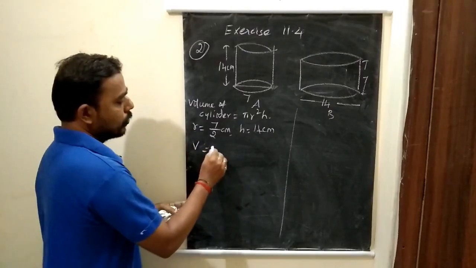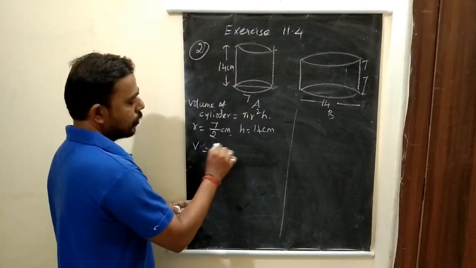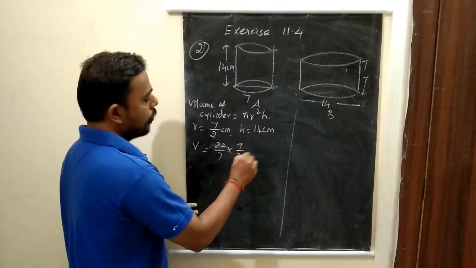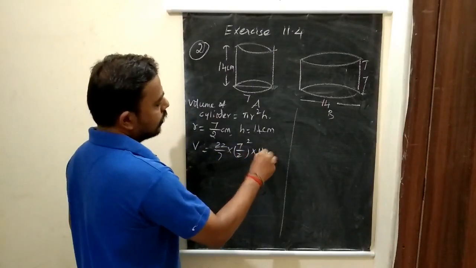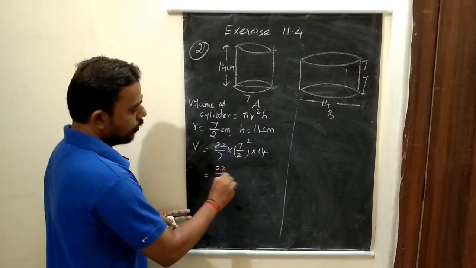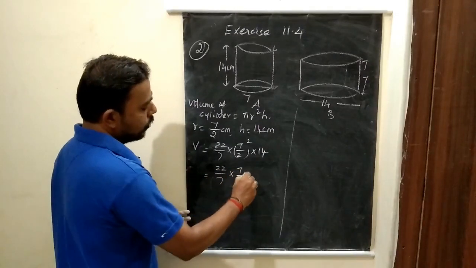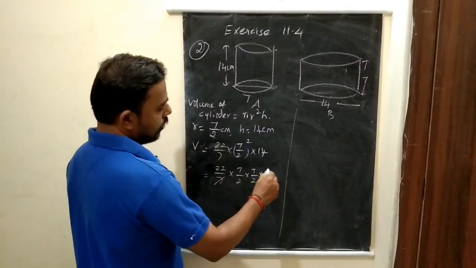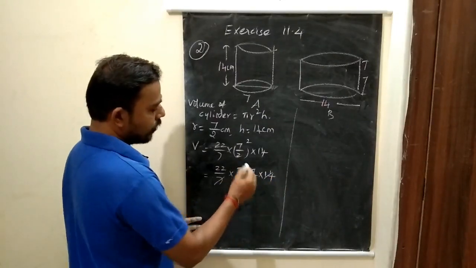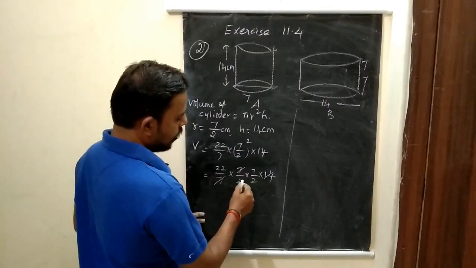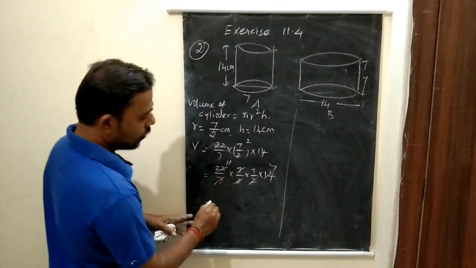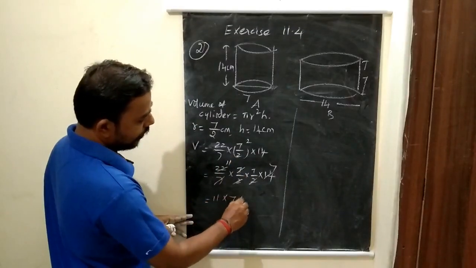So volume equals 22 divided by 7 into 7 by 2 the whole square into 14. So 22 divided by 7 into 7 by 2 into 7 by 2 into 14. We can cancel 7, and the 2 with 14. So 11 into 7 into 7.